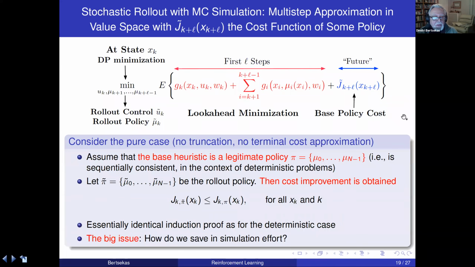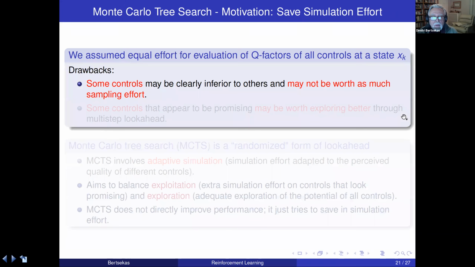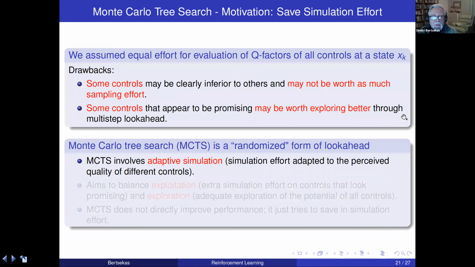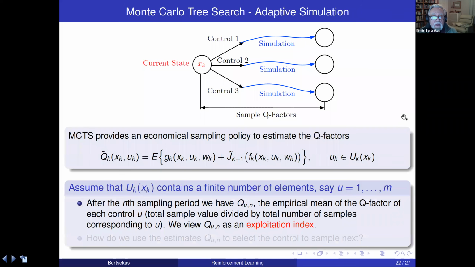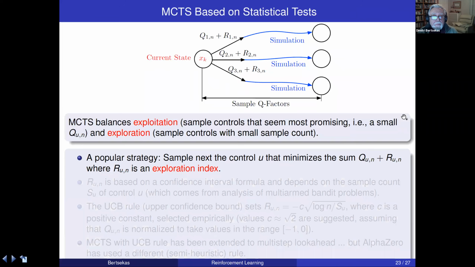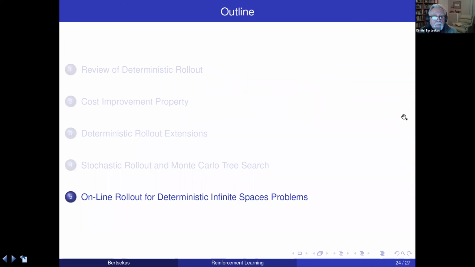And with that being said, I'm going to go to the last topic, which is a different kind of problem, infinite spaces problems, including infinite control space.